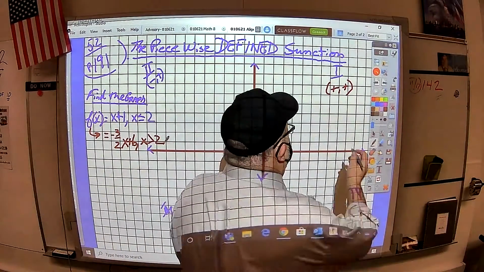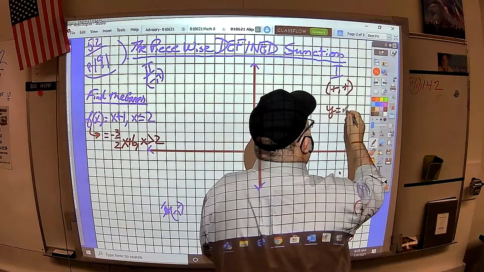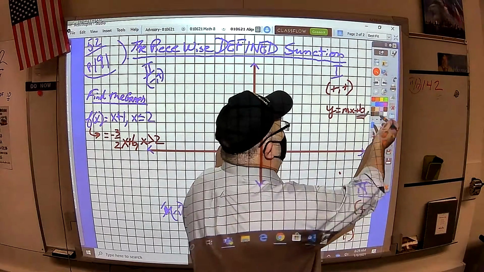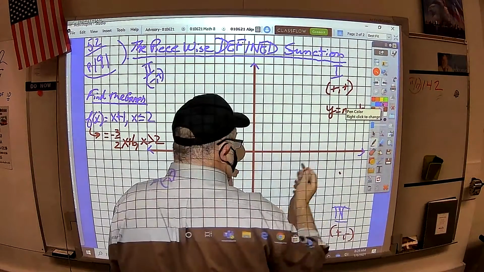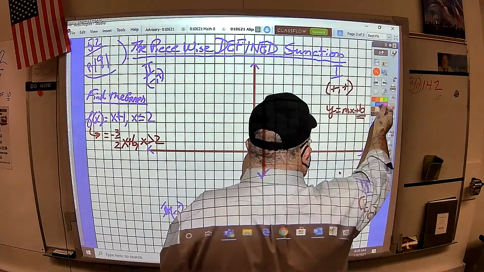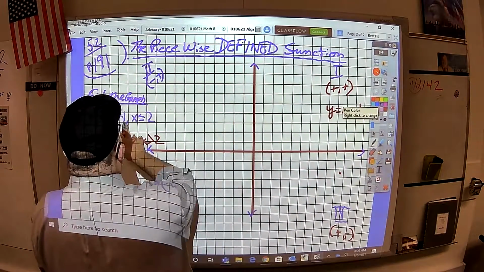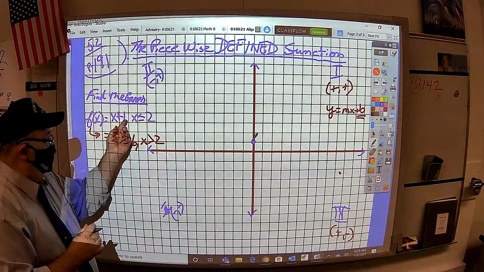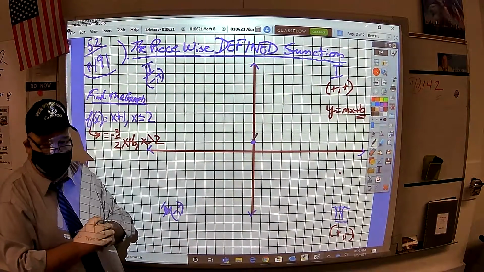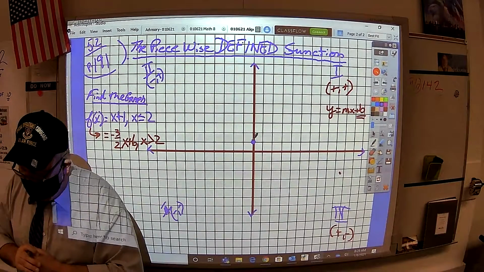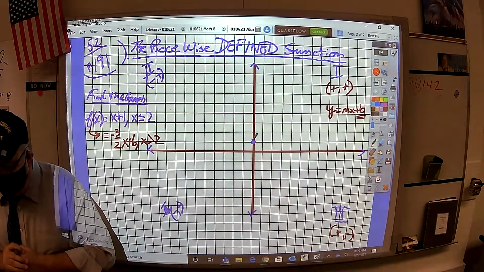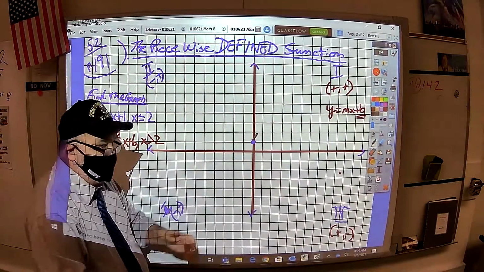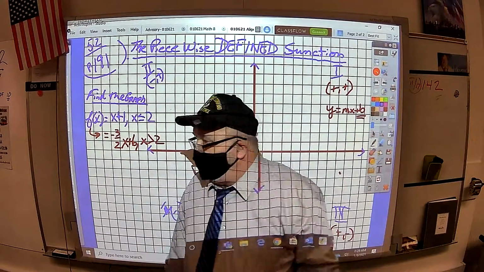We're looking at y equals mx plus b. I know it has to go to that point. If f(x) equals x plus 1, then the line for that is a positive line. It's going to go in this direction.